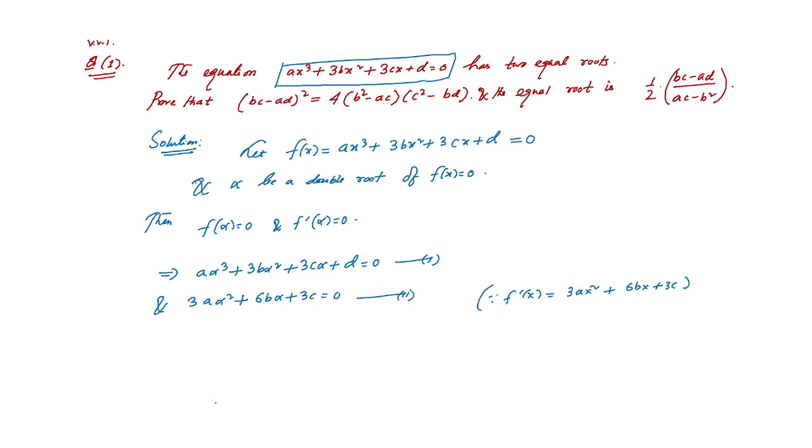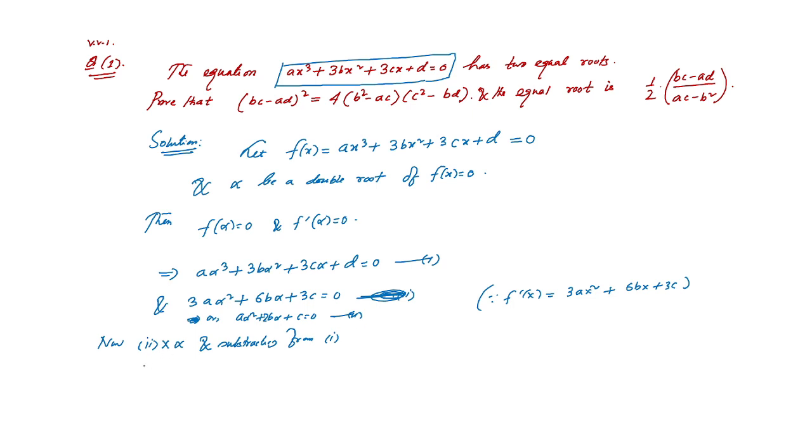Equation number 2. Now multiplying equation 2 by alpha and subtracting from 1. We can write this equation 2 as a alpha square plus 2b alpha plus c equals 0. That will represent equation 2.